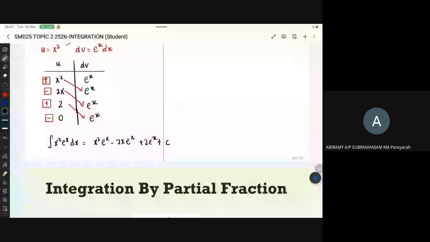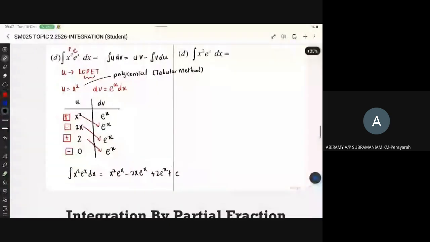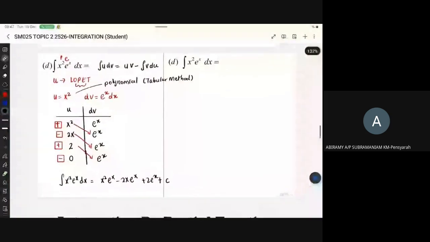So that's your final answer: x squared e^x minus 2x e^x plus 2e^x plus c. We can also use by parts, or we can use the tabular method.